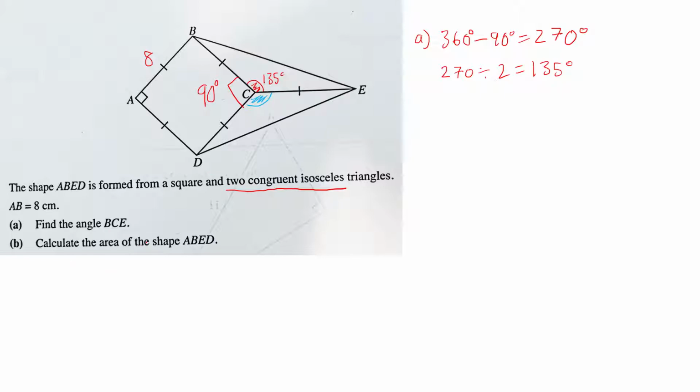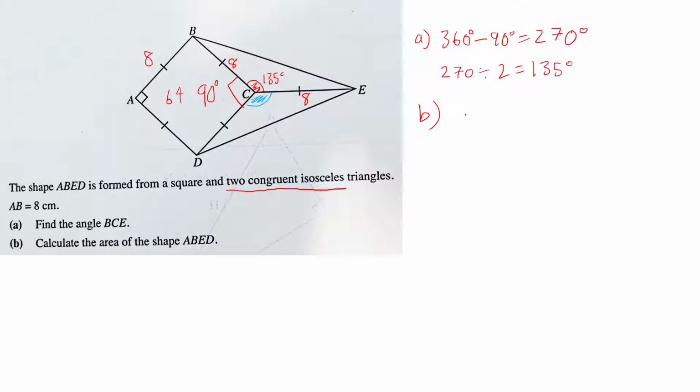Part B is calculate the area of this shape A, B, E, and D. So for this square down here, it's actually very simple. 8 times 8 will give me 64. We know that this triangle here is 8. This is also 8. So part B, I don't think I have to dwell too much into it.